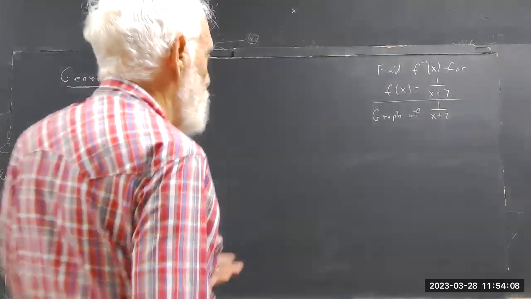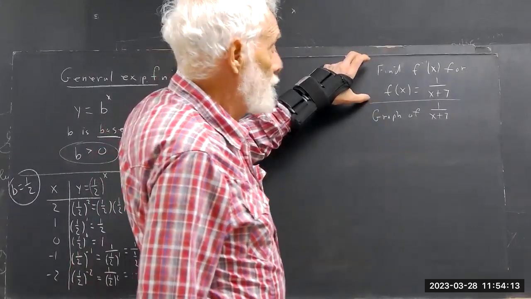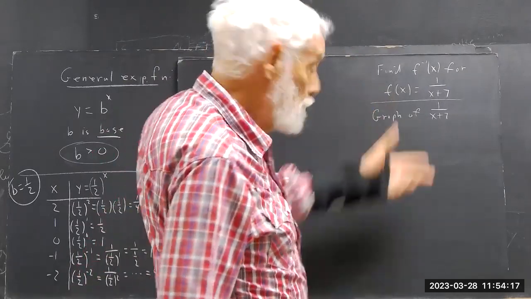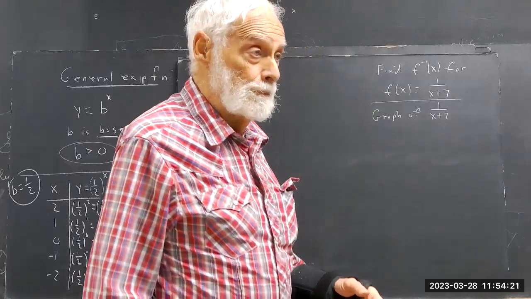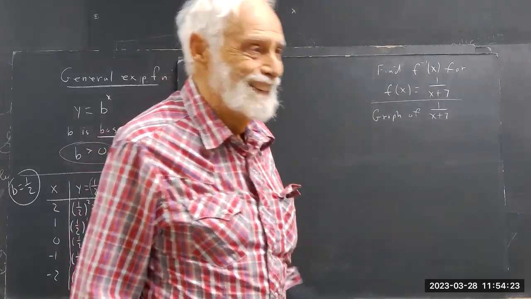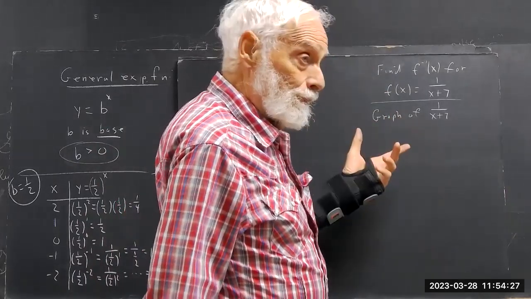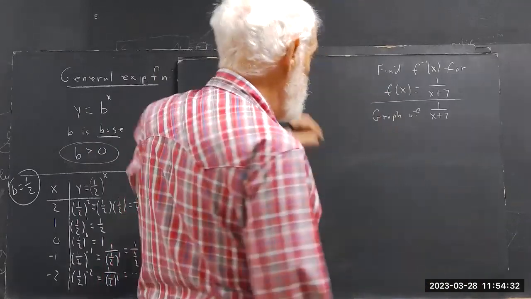Okay, so we want to start with this graph. As I said, it's not absolutely necessary if the problem is just stated like this, but if it says to graph it, you're going to have to do it. You have two alternatives for graphing this. The first alternative: you shift 7 units to the left the basic reciprocal function.